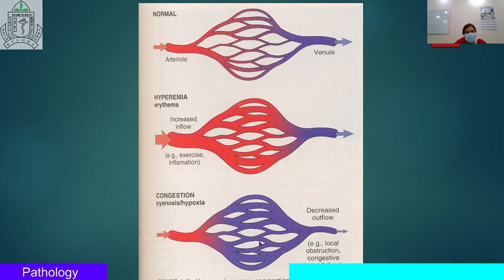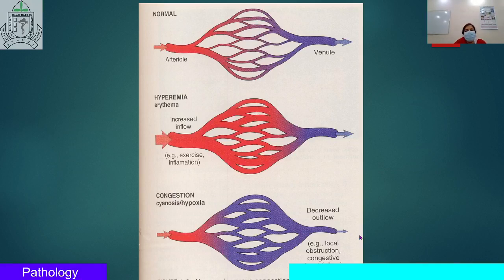As there is deoxygenated blood, it means lack of oxygen or diminished oxygen, which is known as hypoxia. And the tissue supplied by this blood vessel is hampered.